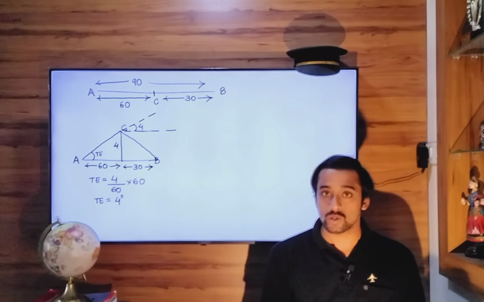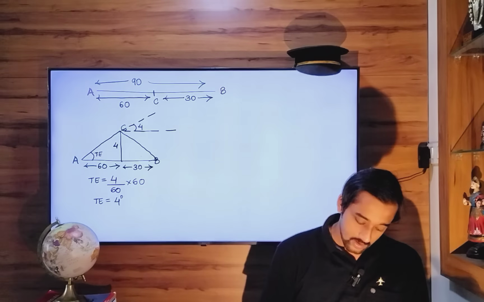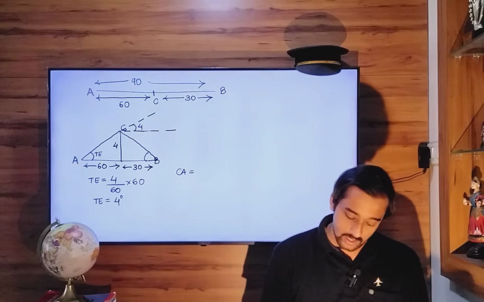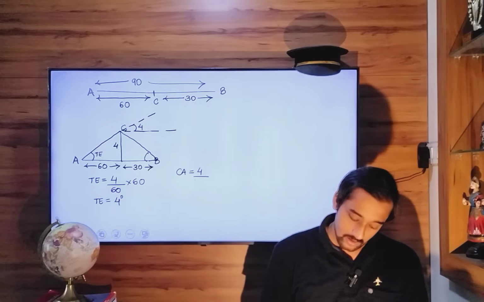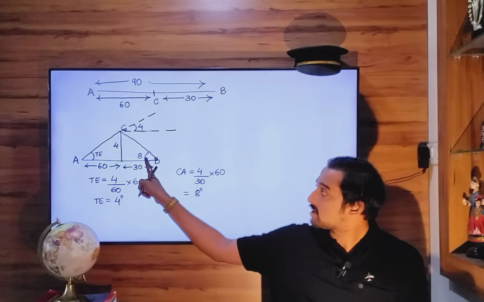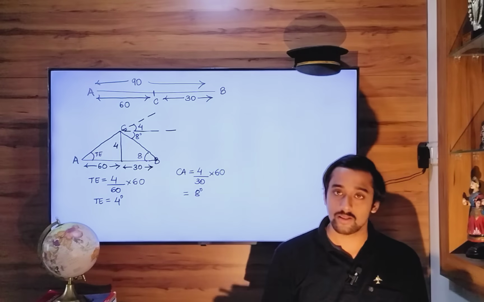Now let's find closing angle. Closing angle will be found in this triangle. So closing angle equals distance off track upon distance to go into 60, which is equal to 8 degrees. Now if this is 8, this will also be equal to 8 because alternate angles are equal.